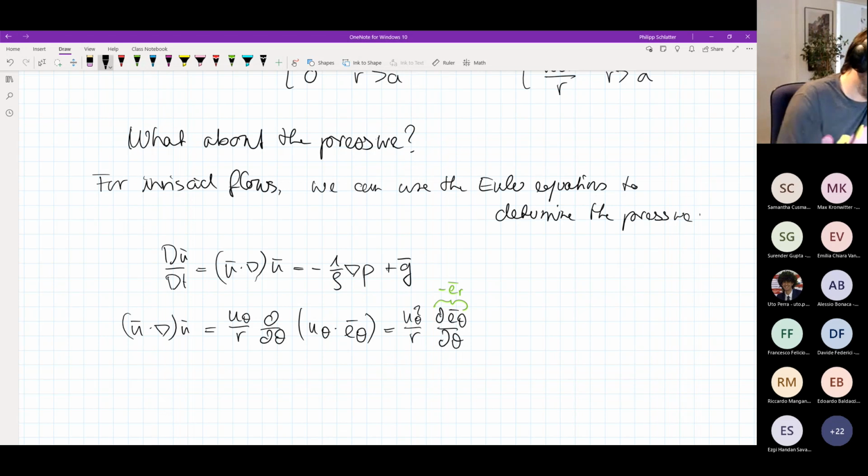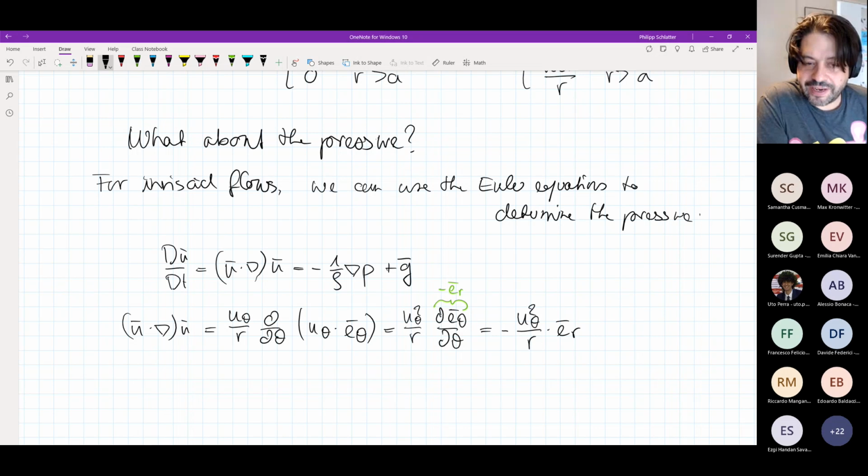So that means that the acceleration term that we have for the Euler equations just becomes minus u theta squared divided by r times ER. So the acceleration on concentric streamlines is a term which is in the negative ER direction.